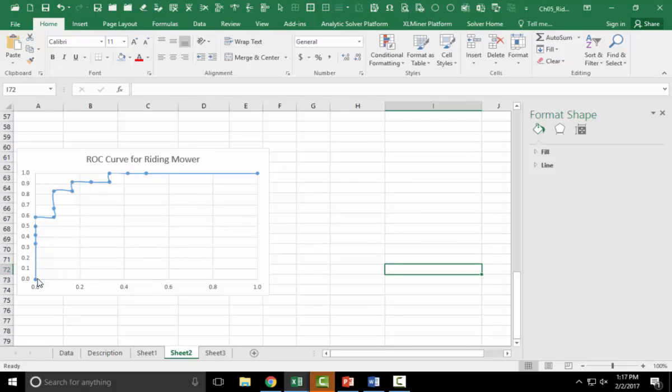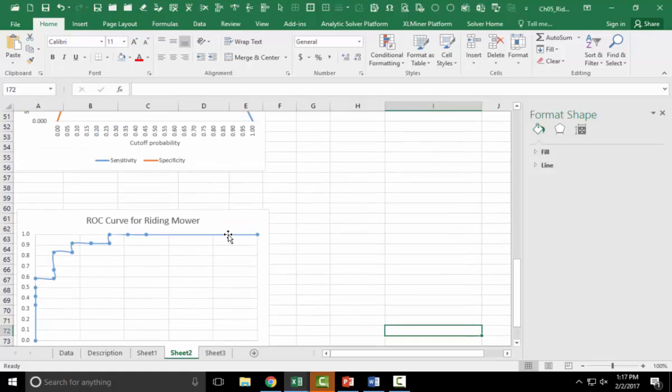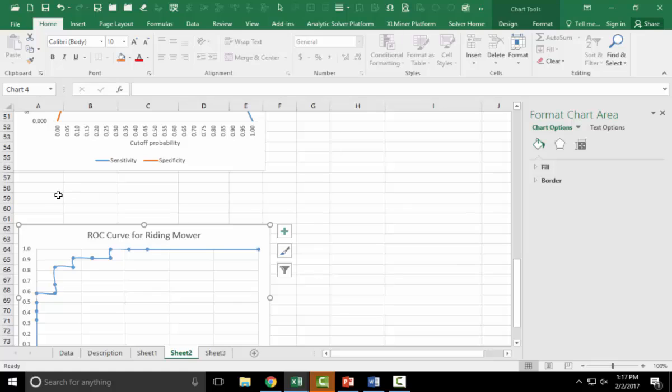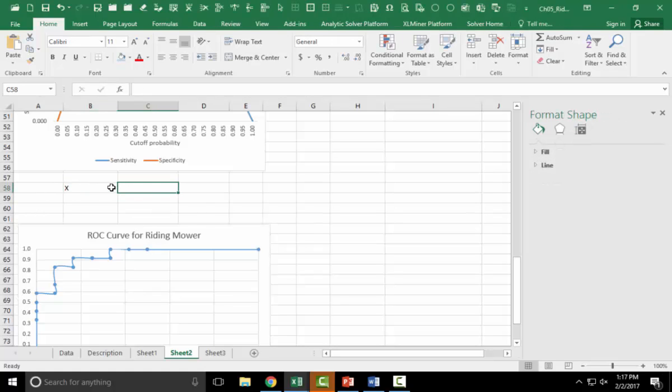Now we have to draw a diagonal line for our naive method, so we can compare, right? So to draw the naive line, let's do an x-axis value and a y-axis value.